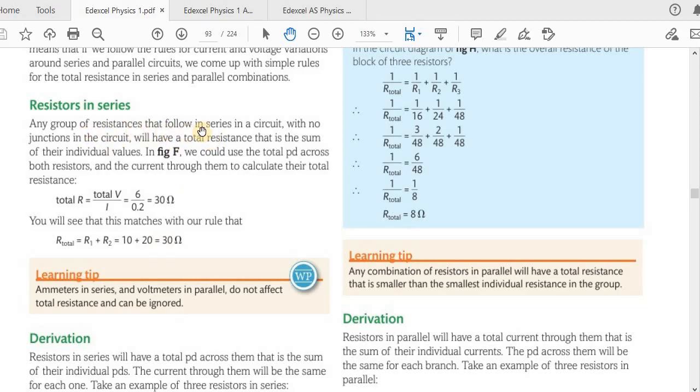Any group of resistances that follow in series in a circuit with no junctions will have a total resistance that is the sum of their individual values. In figure F, we could use the total potential difference across both resistors and the current through them to calculate the total resistance. We know the equation R equals V over I. Then it is 6 divided by 0.2.